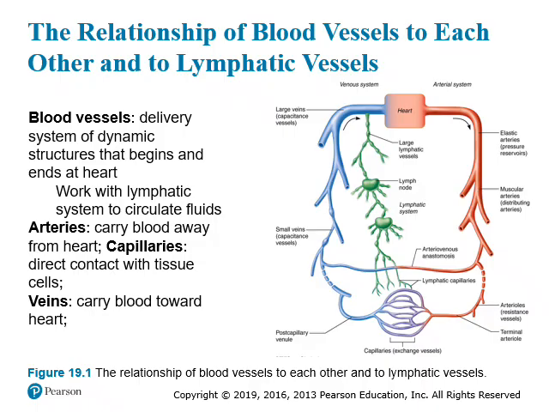So the blood vessels here are the delivery system, the dynamic structures that begin and end at the heart. They work with the lymphatic system to circulate fluids. The arteries carry blood away from the heart. Meanwhile, your veins carry blood towards the heart.